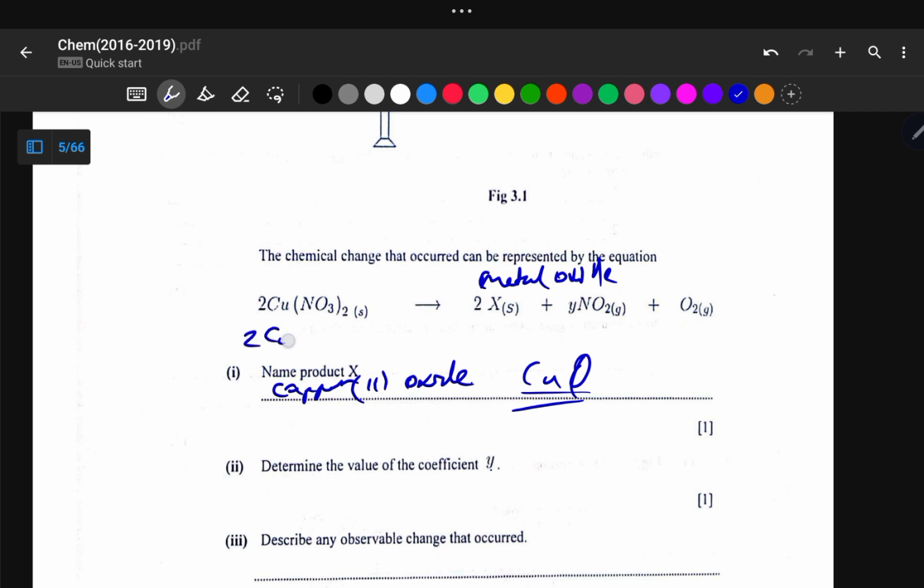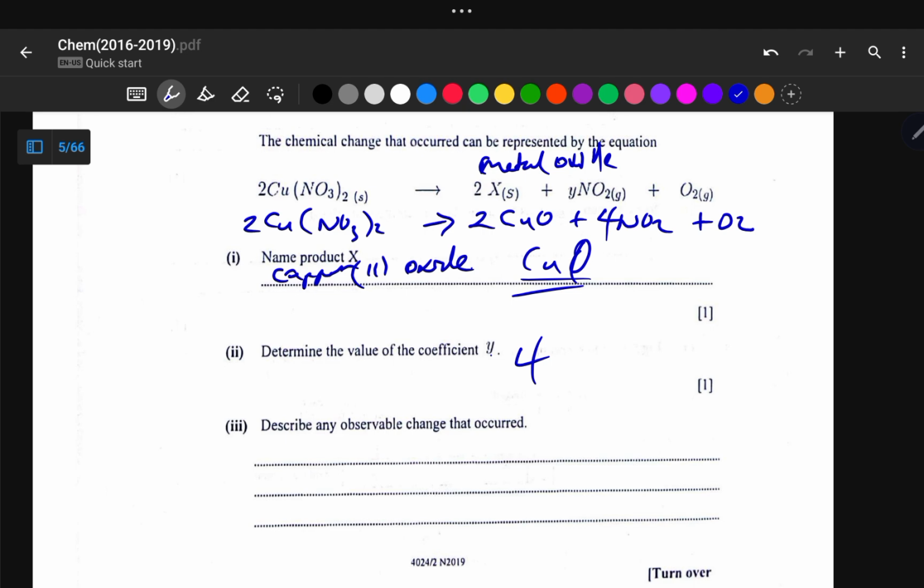So we can rewrite the equation to say copper 2 nitrate to give 2 moles of copper oxide plus nitrogen dioxide plus oxygen. So to balance this equation, we simply need to have a 4 here. So the value of Y is equal to 4.